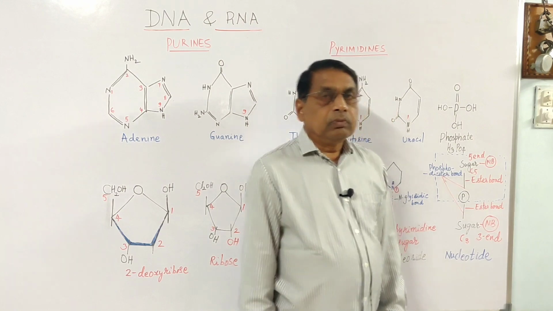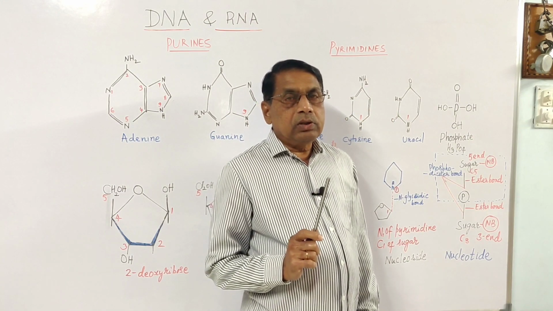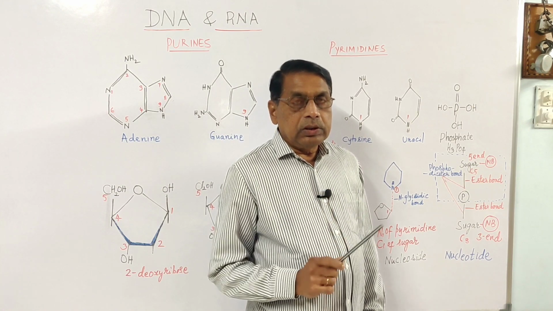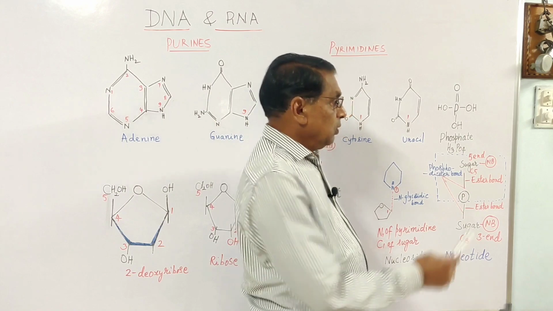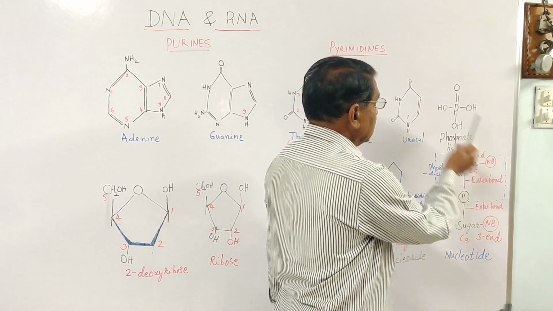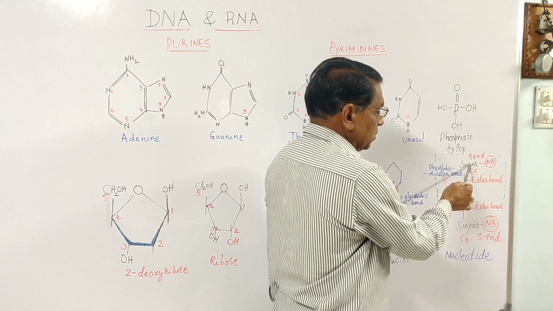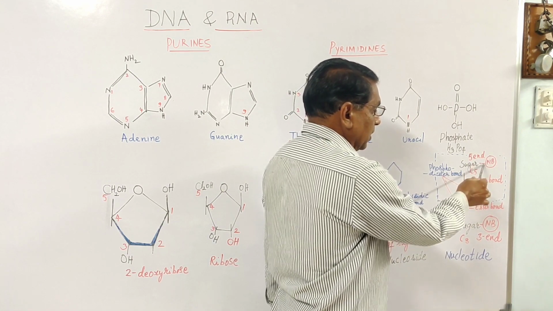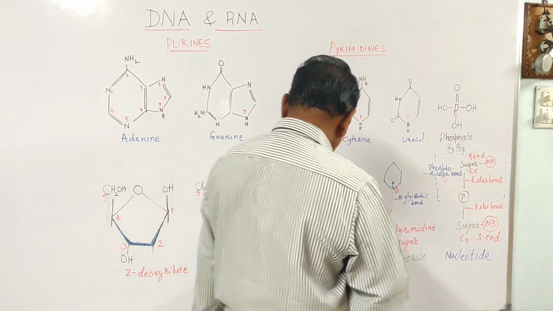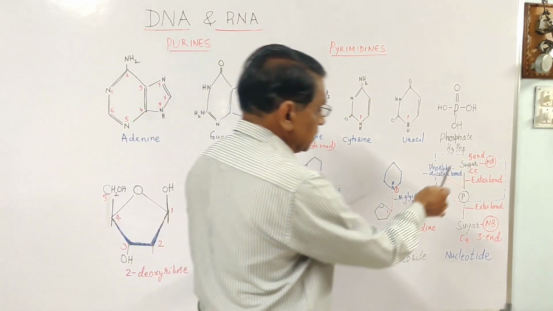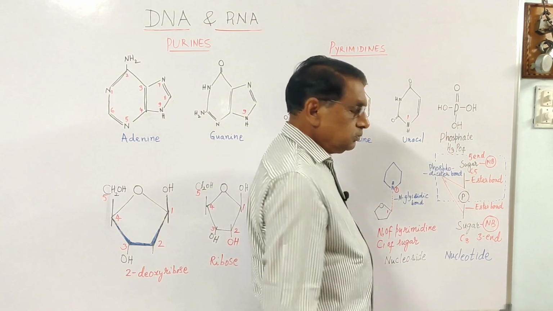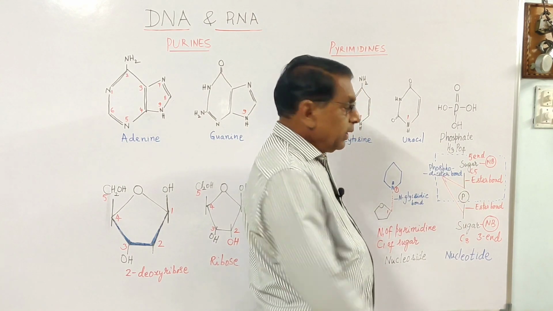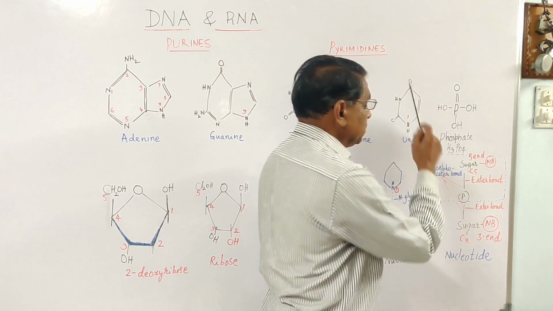Now coming to nucleotide. A nucleotide consists of three components: a nitrogen base, a sugar, and a phosphate. Now let us see here. This is the nitrogen base, any one of the five. This is the sugar. The nitrogen base and sugar are linked by the N-glycosidic bond, as I have explained here. But this sugar is linked on the other hand through phosphate.